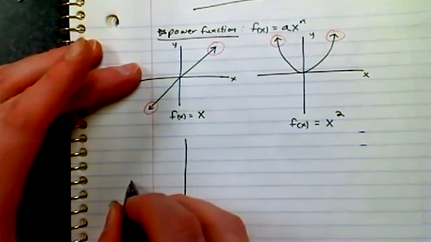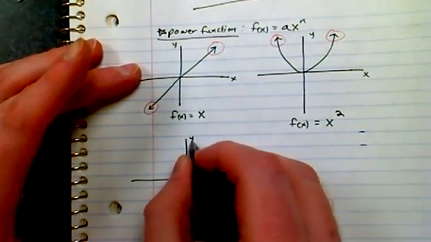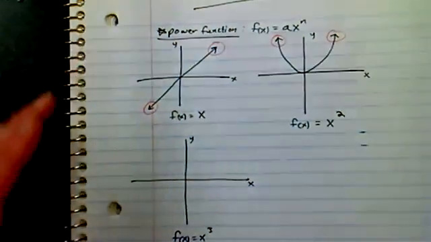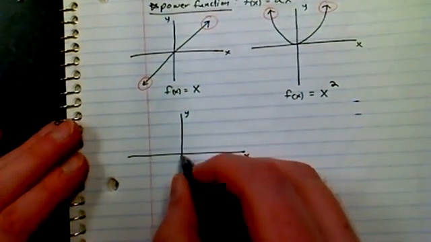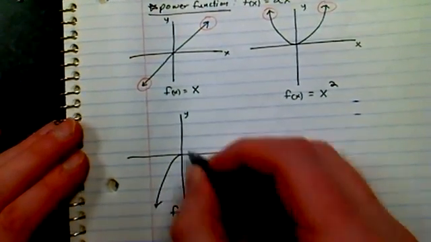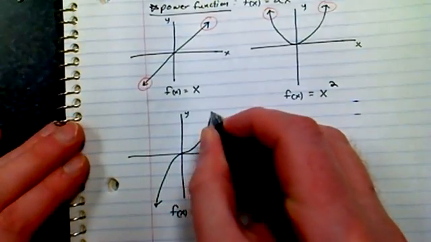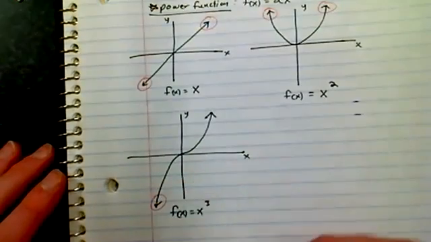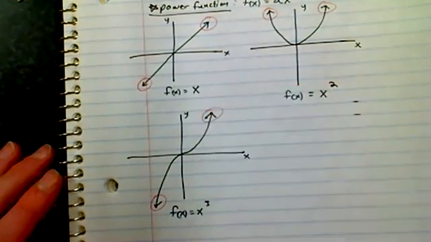Naturally, I'm going to go to the next power, and we've actually seen this function before as well. F of x equals x cubed. If you recall, that one looks something like this. Once again, it starts down low, ends high.